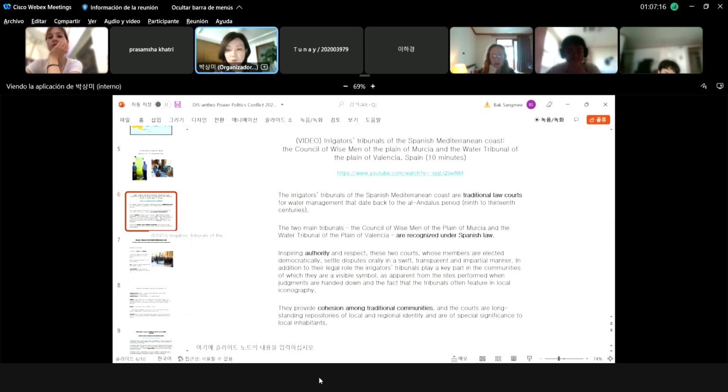These two courts, whose members are elected democratically, settle disputes orally in a swift, transparent, and impartial manner. You will observe the kind of decision making and how people react and what kind of authority they exude in the way they make decisions and announce.